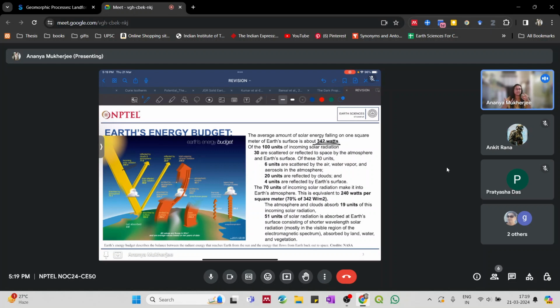So we had done the exercise of radiation balance. I will put the slide numbers for reference to see how the number of units are actually managed, to understand how much energy is required for which process.